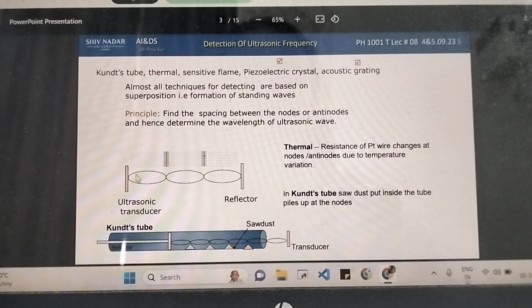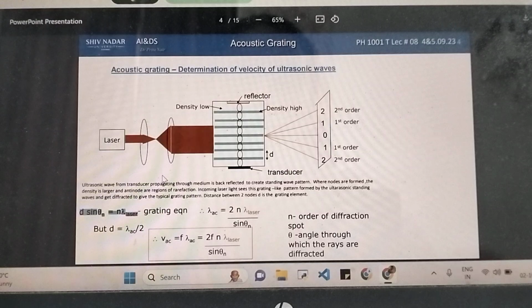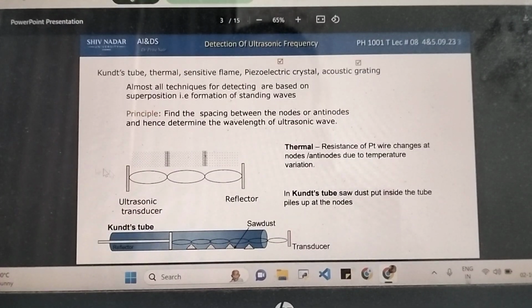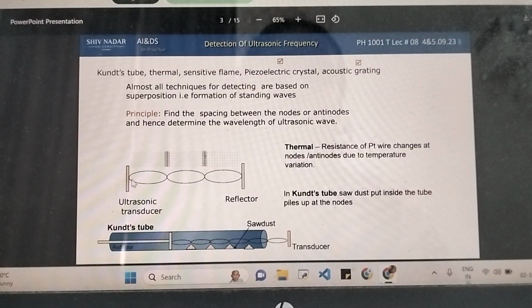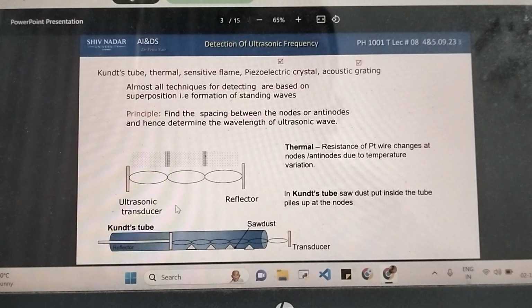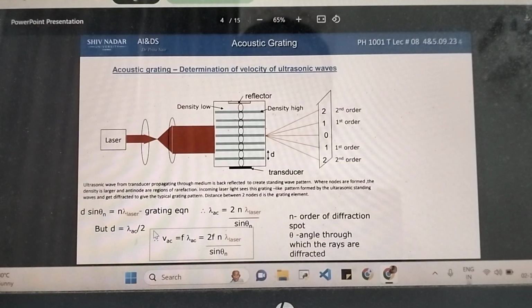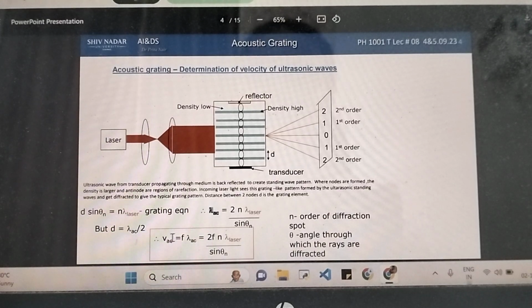How did we get that again? The distance between two consecutive nodes is what we call d, and the distance between three consecutive nodes is lambda. So d equals lambda by 2. Now lambda by 2 sin theta equals n lambda laser. From this you get an equation for lambda acoustic, and once you get the wavelength, velocity is simple. You simply plug in the frequency and multiply.